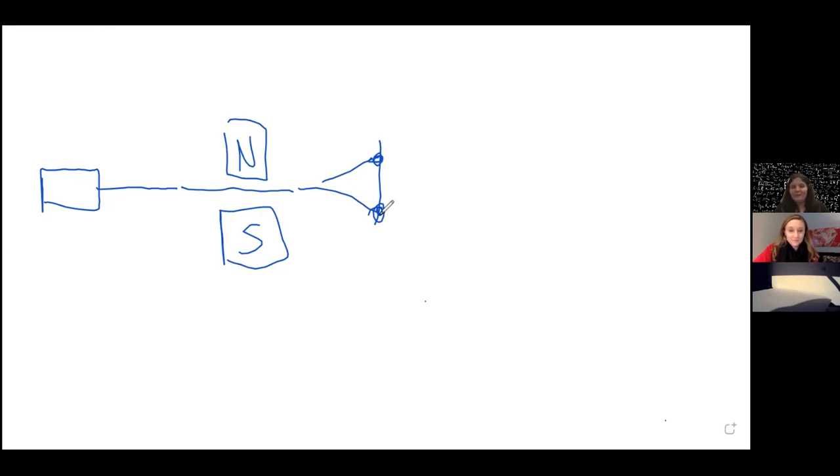From this experiment, they saw that the spin, which is sort of the intrinsic angular momentum of the particles, is quantized. So you have h bar half and minus h bar half.